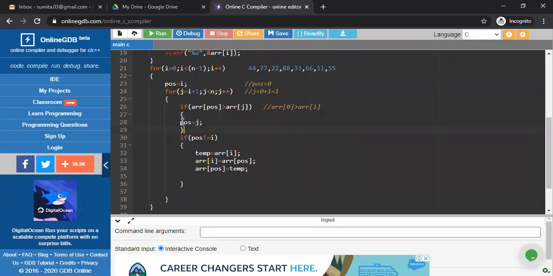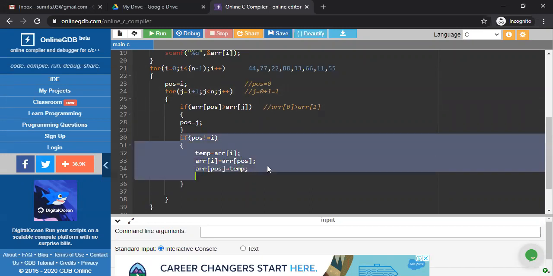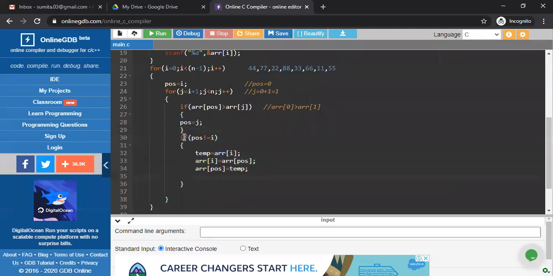Don't think that because the if didn't enter here, the for loop has moved on from here. It's not like that, because this for loop is completed there. So this part is also executed, obviously according to the condition. Now the compiler is in that particular place. What is the POS value? 0. Is it fine?